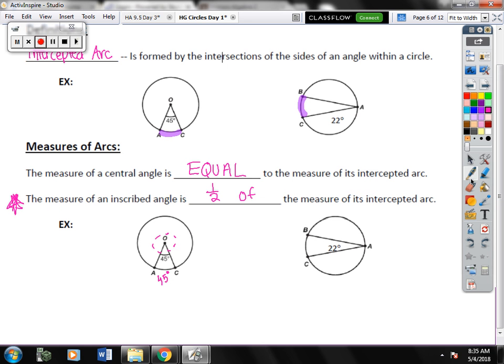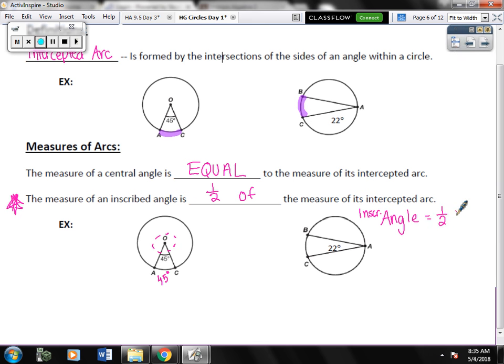So there's kind of two formulas you can glean from this, whether you're finding the angle or you're finding the arc. So the arc, well, actually, let's do angle first. If it's an inscribed angle, that will equal 1/2 times the arc, or arc divided by 2. Another way to think of it.